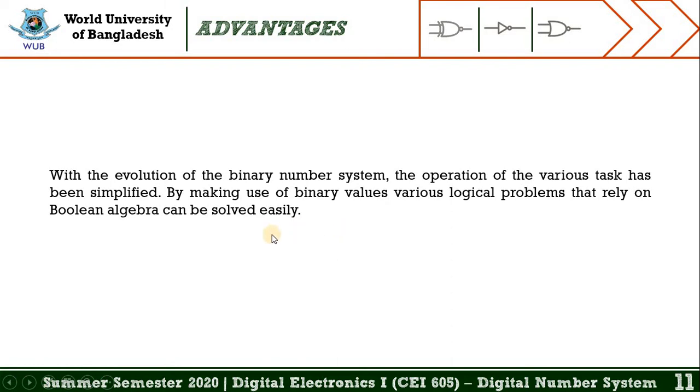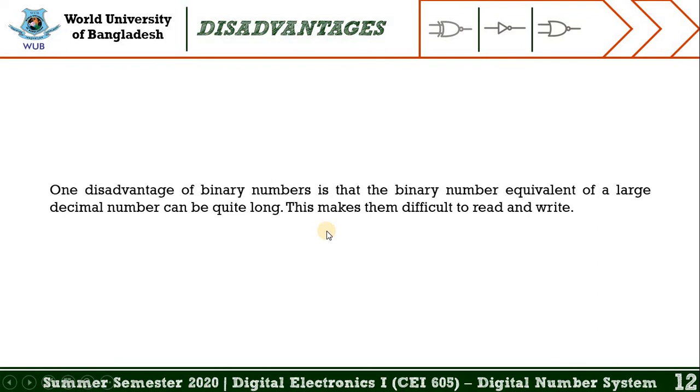Now we would like to learn the disadvantages of the binary number system. One disadvantage is that the binary equivalent of a large decimal number can be quite long. This makes them difficult to read and write.